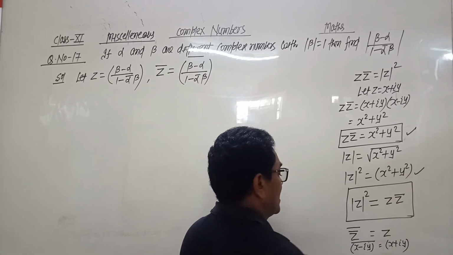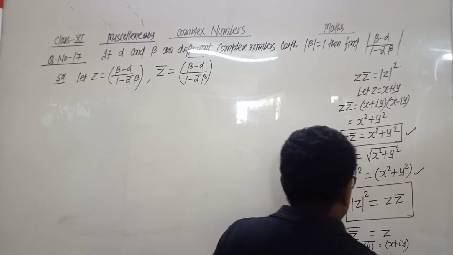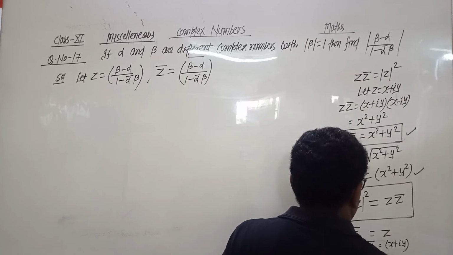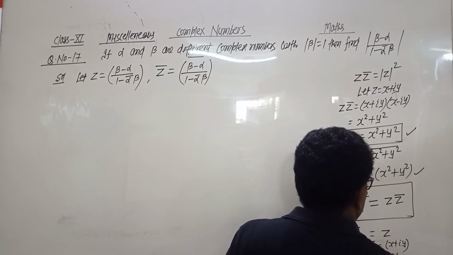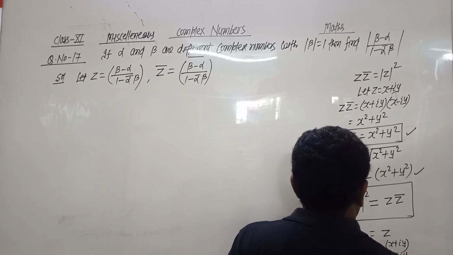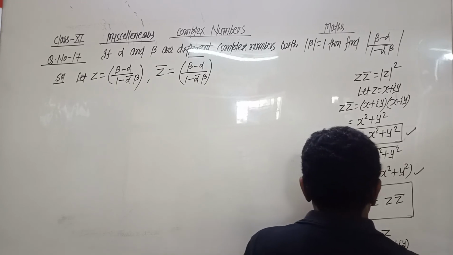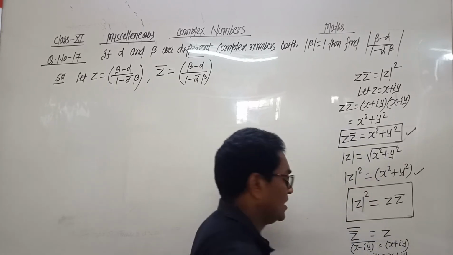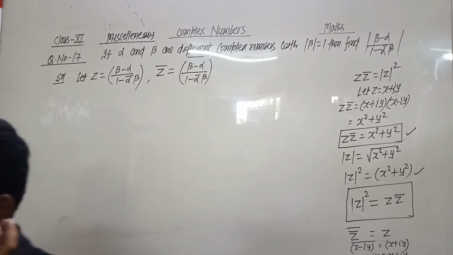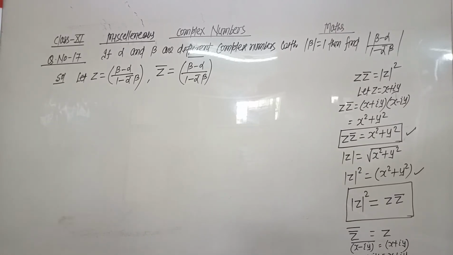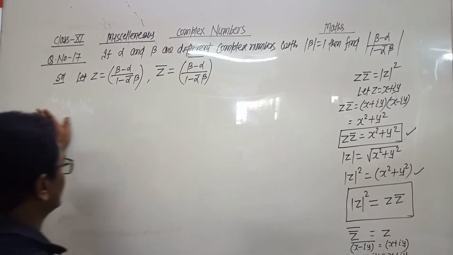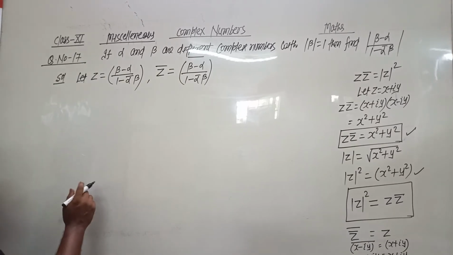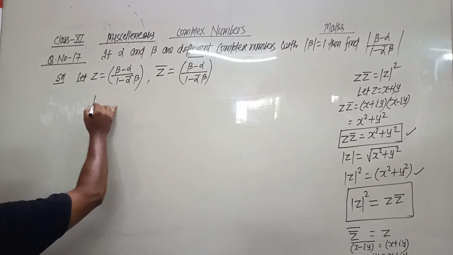When we take its conjugate again, it becomes x plus iota y again. So this is also one of the formulas: conjugate of conjugate is the complex number itself. So we use the formula.